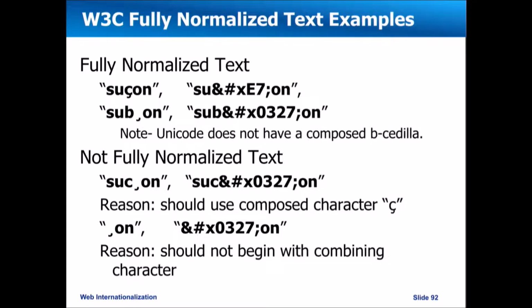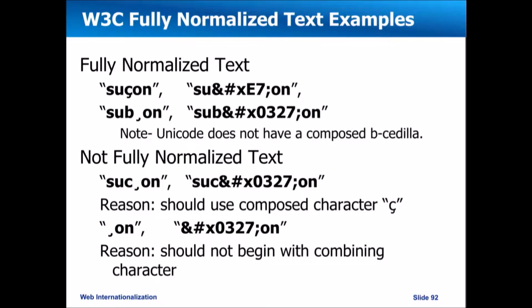And so here we have Susan, and the C to D is escaped, and that's fine. They're both considered fully normalized because these are fully composed characters, and because there is no B with a Cedilla below, this is also considered normalized: B with a combining Cedilla below, even if that character is escaped. But it's not fully normalized if, for example, C with an escaped Cedilla below is there, because it could have been composed as a single character.